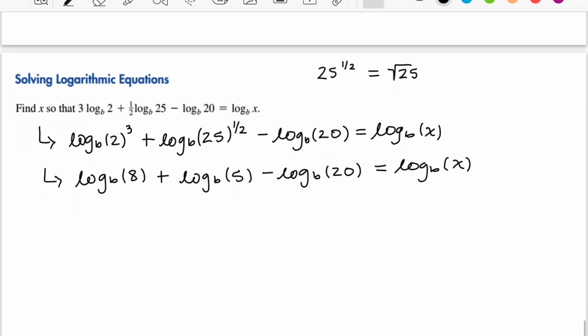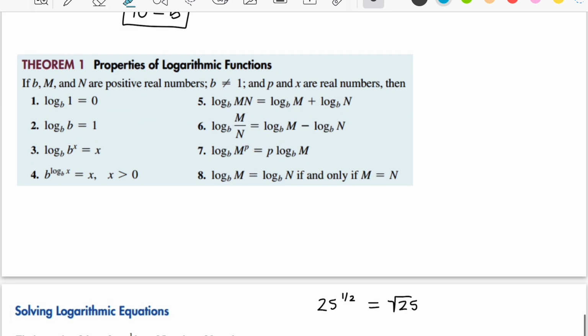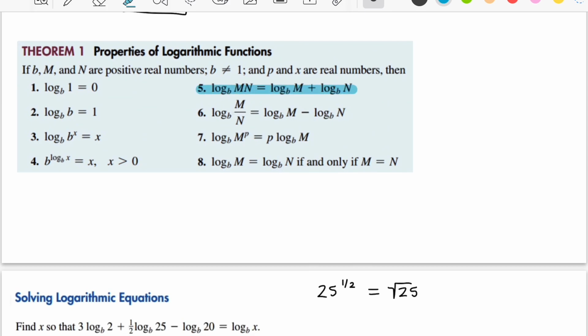All right, now the next property we're going to use is with these guys here. And scrolling back up, that's going to be property 5. And so this tells us that the sum of two log functions with the same base is the same as taking the log of the product of the two numbers.